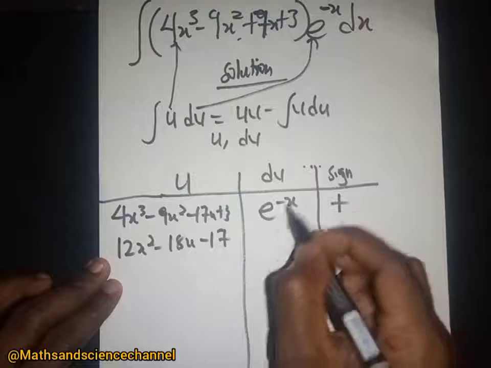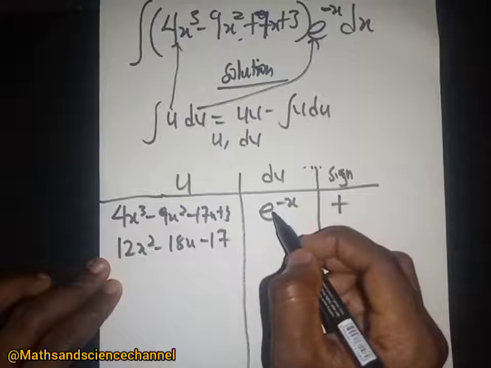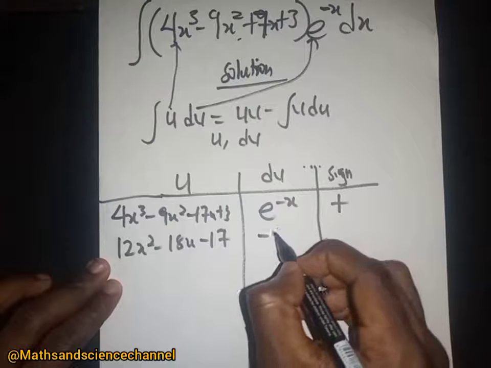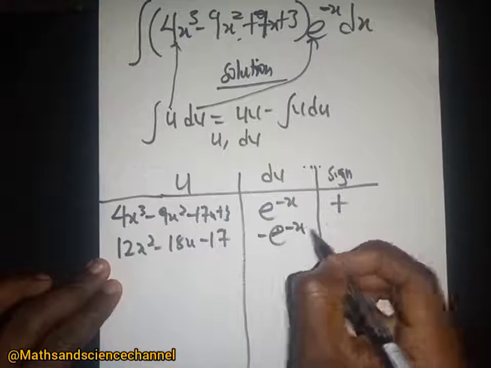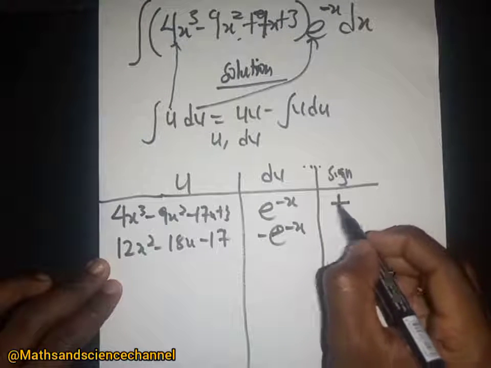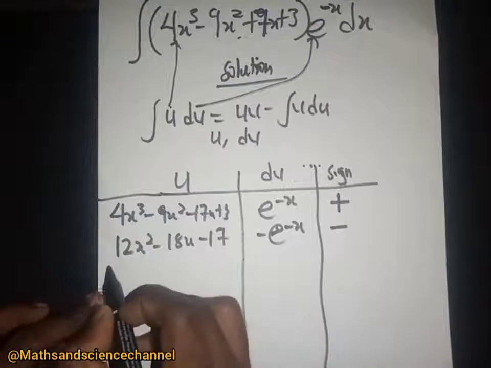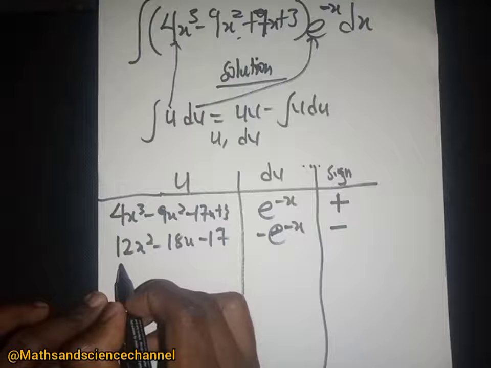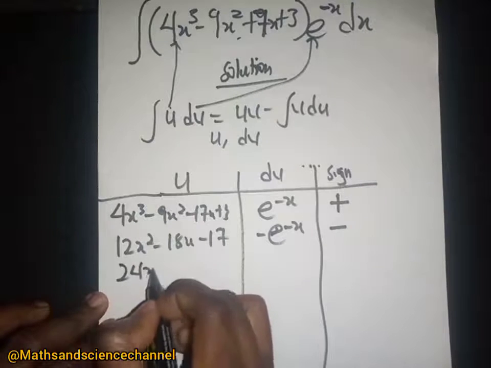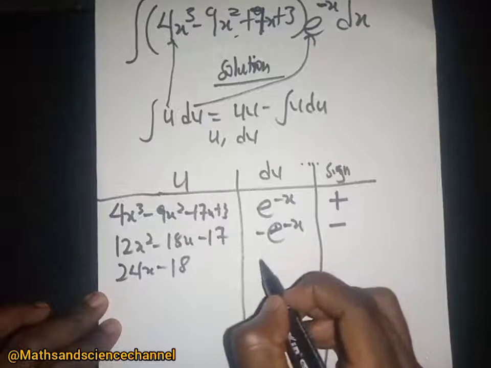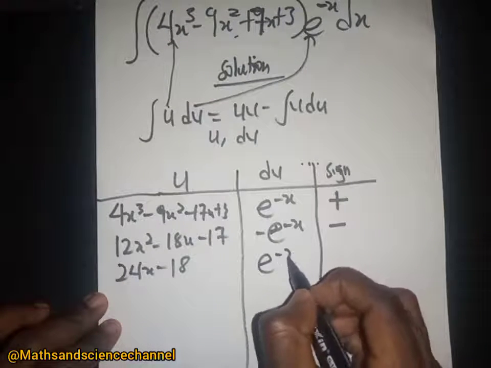Then we do the same here. We drop the negative here, right? Then we have minus e to the power minus x. Since the first one is positive, the next one is just going to be negative. Now we differentiate again, so we have 24x minus 18 here. This goes to 0, and we differentiate this, which will be positive e to the power minus x.